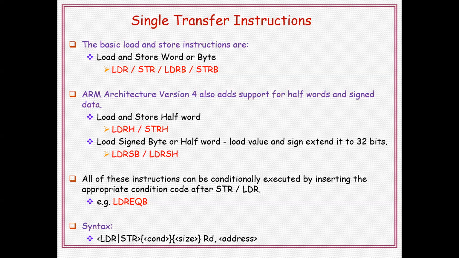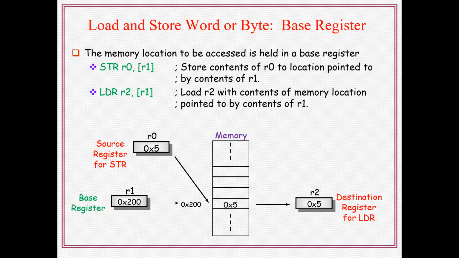One more feature of the ARM architecture: load and store word or byte with a base register. The memory location to be accessed is held in a base register. For example, here, STR R0, [R1]. That indicates store contents of R0.